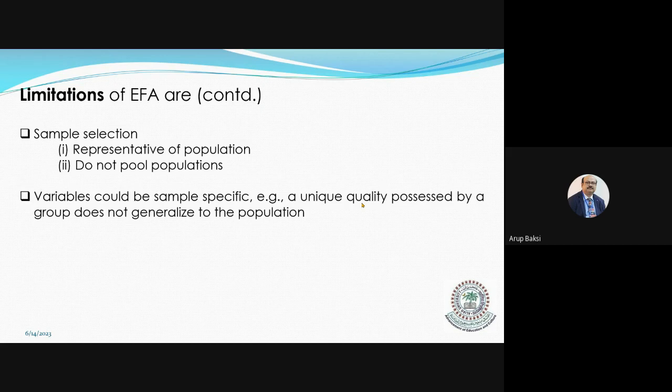It becomes very difficult. Even if someone is doing research on the tribal community in West Bengal, it will be very difficult to extrapolate the result to each and every tribal community in India. So it has that kind of limitation also.